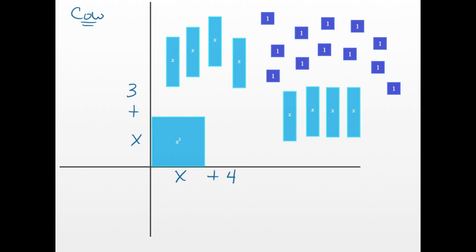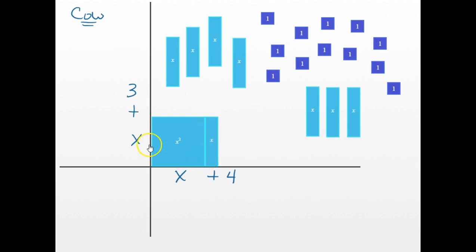And so we're going to use these rectangles here to add on, because I know that if this side length is x and I'm adding 4 feet, I'm adding a foot, adding a foot, adding a foot, adding a foot, then the dimensions of each of these rectangles will be x units long by 1 foot.